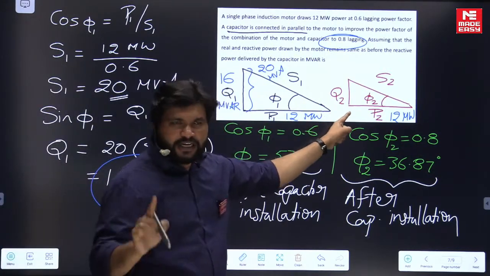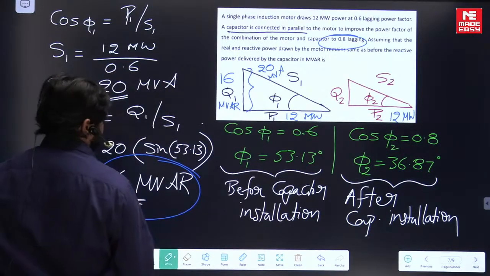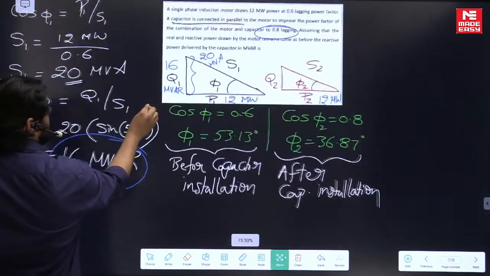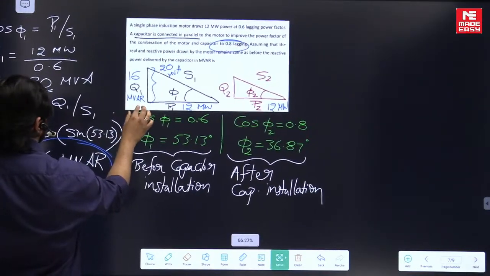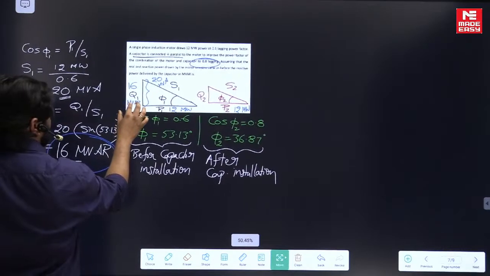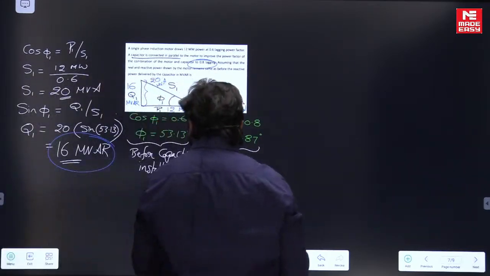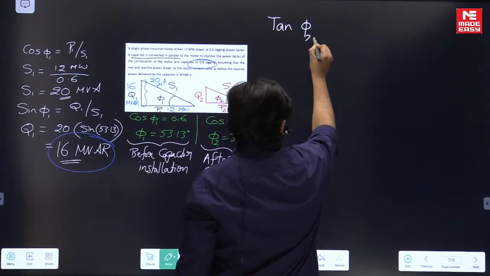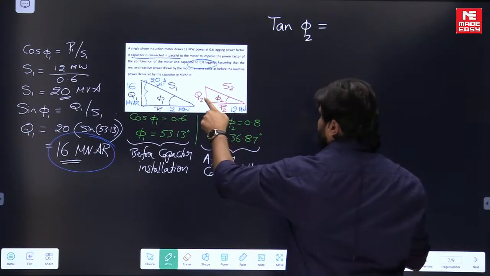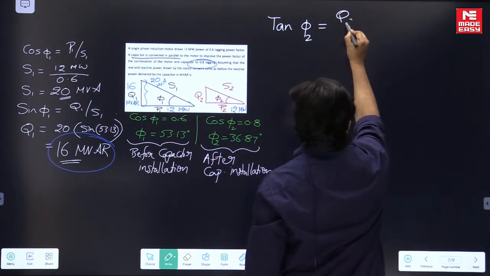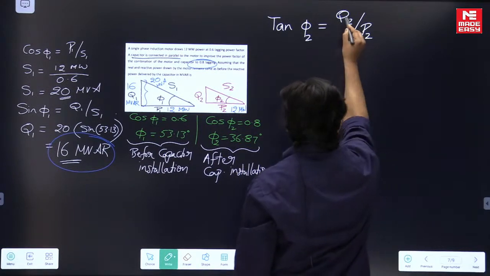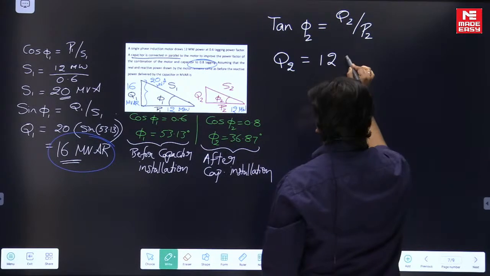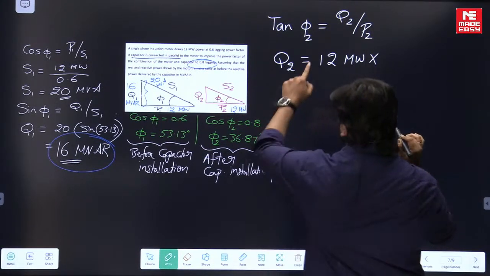You know tan phi 2 is Q2 by P2. So Q2 is equal to P2, which is 12 megawatt as usual, into tan phi 2.